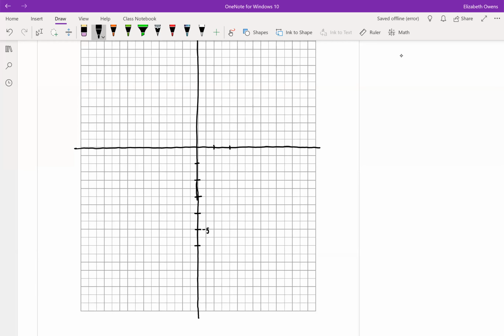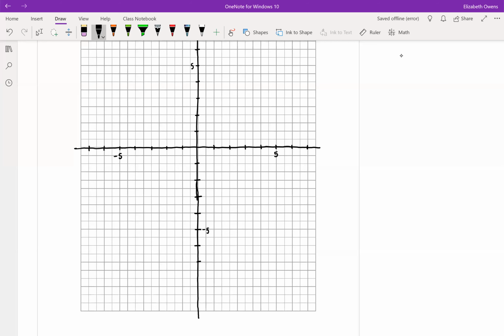I'm going to make 2 boxes be 1 unit, I guess. 1, 2, 3, 4, 5. Here we go. 1, 2, 3, 4, 5.